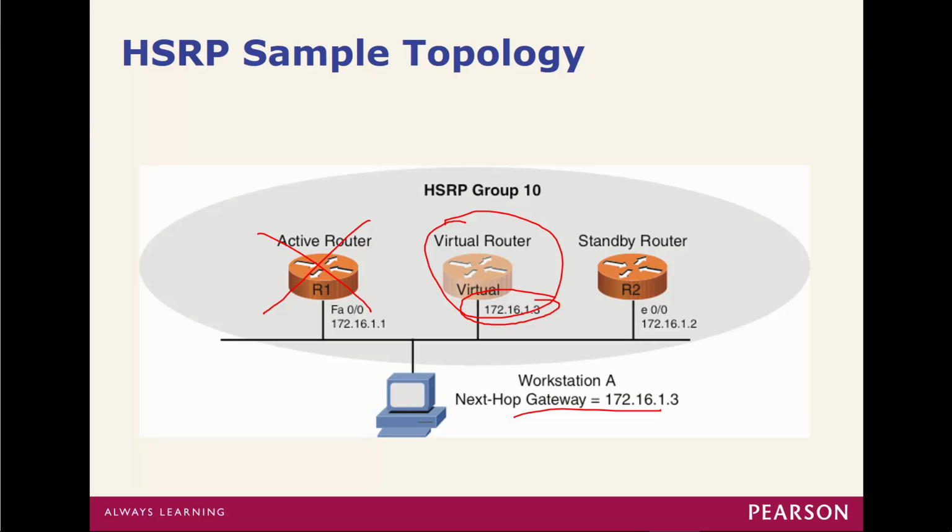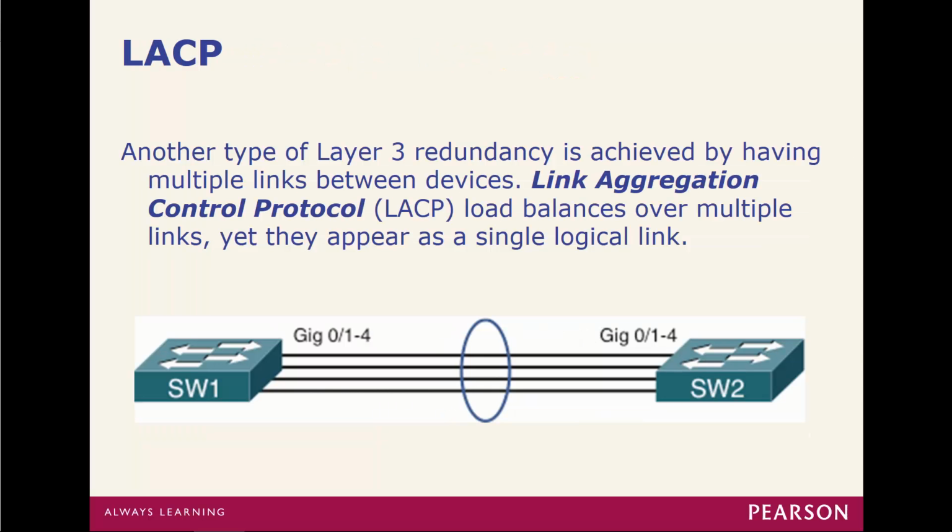Next, we're talking about link redundancy. We could do what's called LACP, or Link Aggregation Control Protocol. It allows us to do bonding or load balancing between multiple links. And that allows all four links in this example to be very similar.